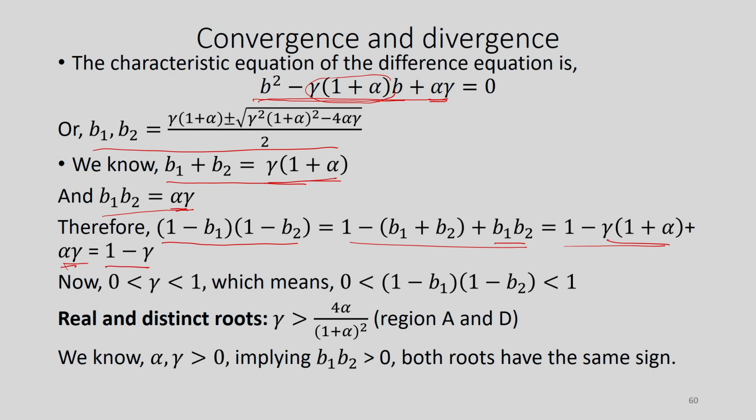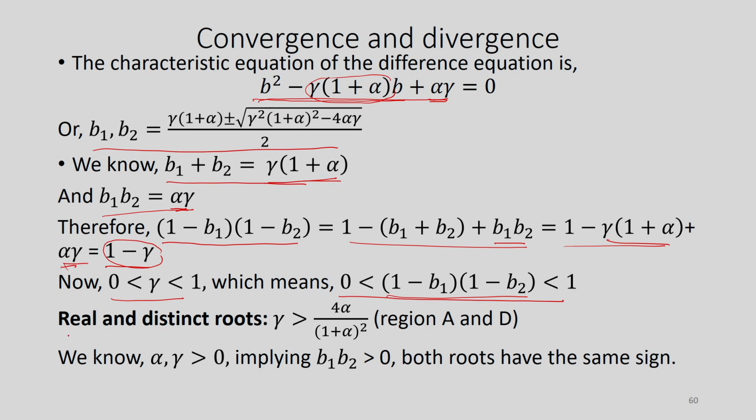Now, gamma, as we know, lies between 0 and 1, being the marginal propensity to consume. So 1 minus gamma also lies between 0 and 1, and therefore (1 minus B1) multiplied by (1 minus B2) lies between 0 and 1.